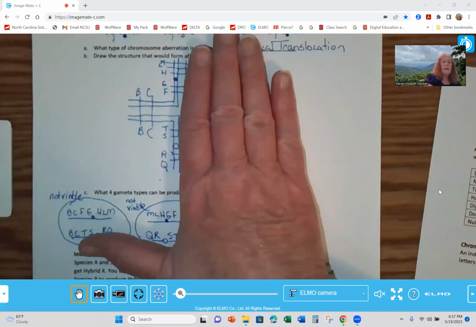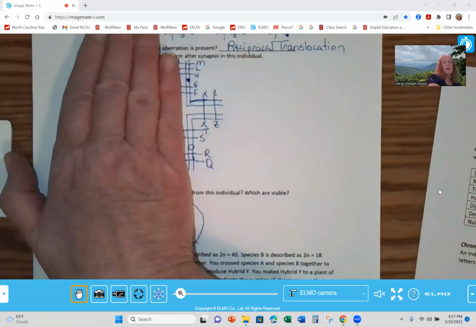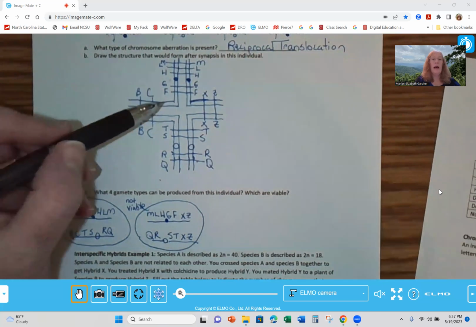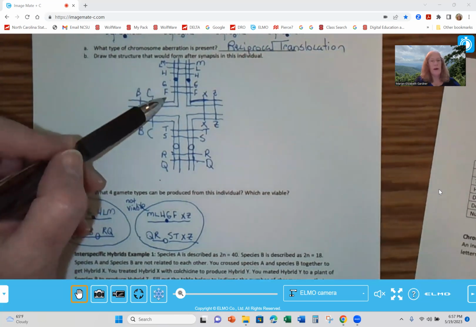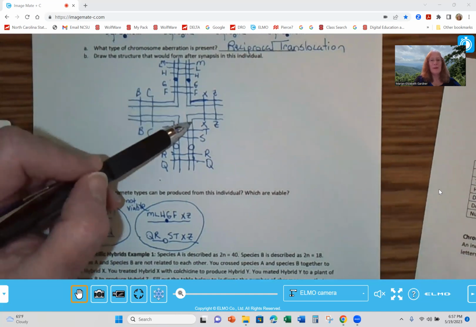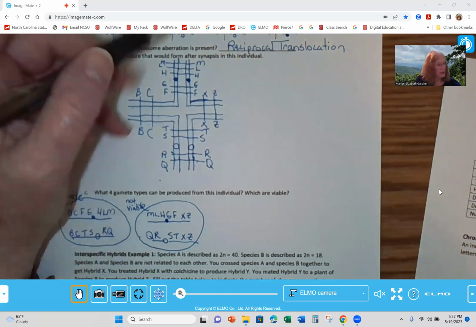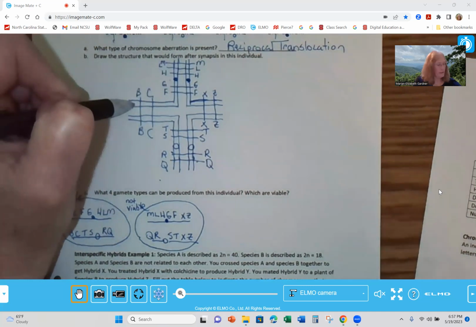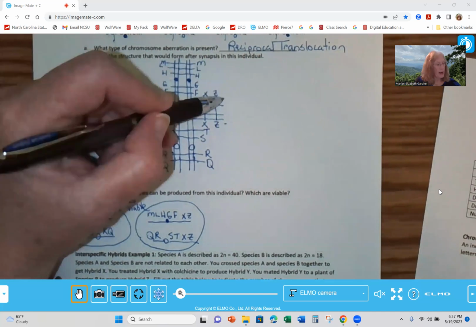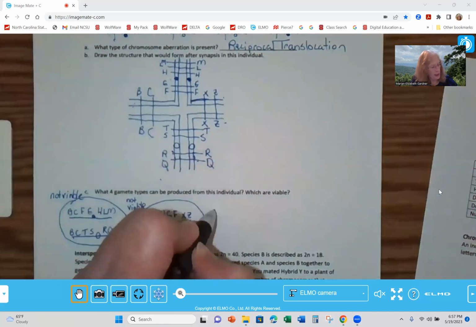When we separate this way, this is called an adjacent segregation pattern. The other segregation pattern is called an alternate segregation pattern, but basically it's diagonally opposite chromosomes go to the same pole. So top left, the bottom right would go one way. The top right and bottom left will go the other.